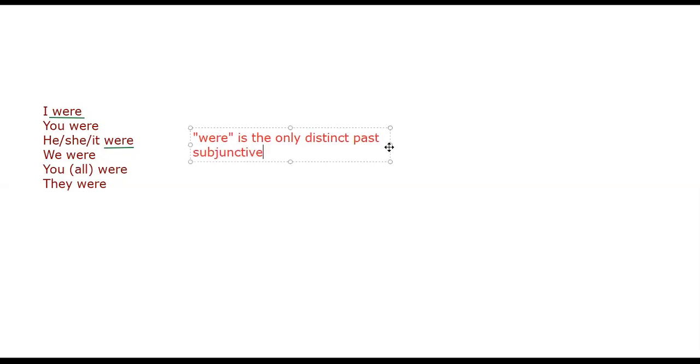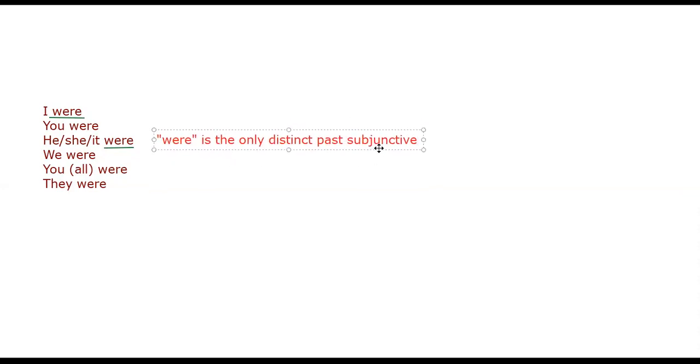And by that, I mean that all the other past subjunctives look just like the past indicative form. So danced is danced, and ran is ran, and so on and so forth. Were isn't the only past subjunctive, it's the only distinct, the only different past subjunctive. The others are just the same as the indicative.